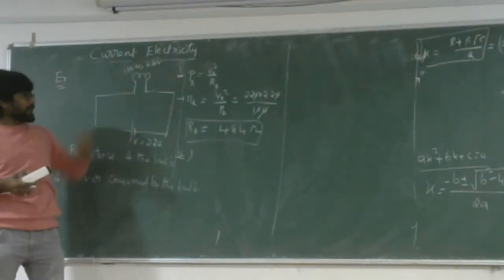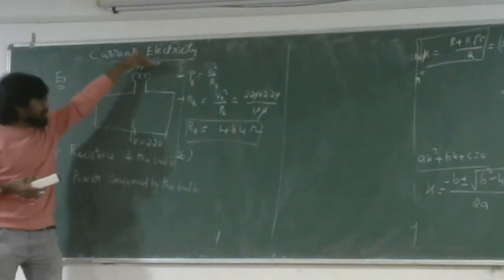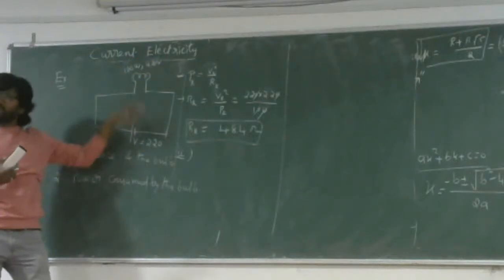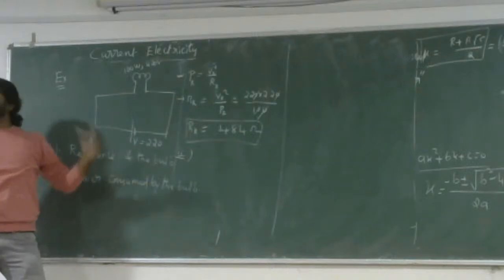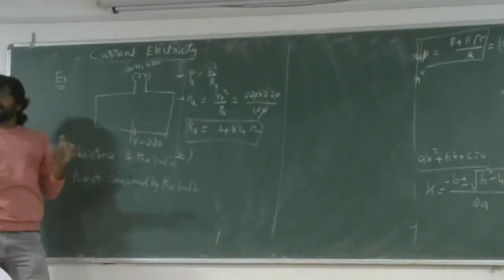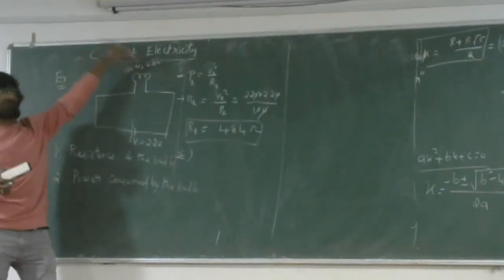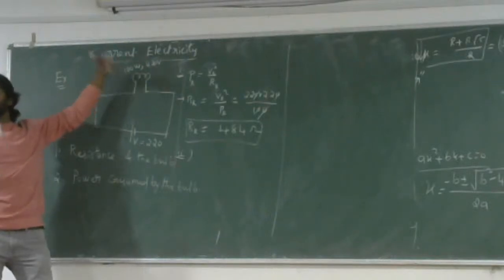Rated voltage is 220. The supply voltage can be at most this much, it cannot be more than that. It can accept 110 volts also, but if you supply 300 volts, it cannot accept. That is the meaning of rated voltage. It is designed to operate only under this maximum voltage range. The maximum voltage range is what is called the voltage rating.